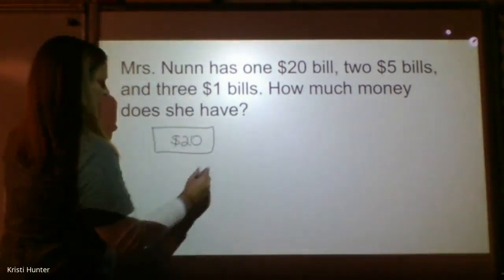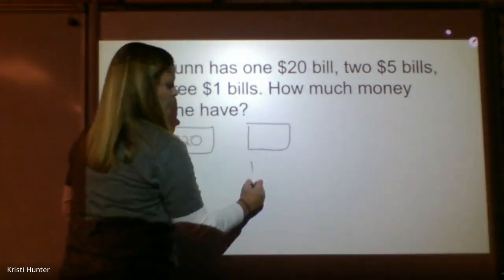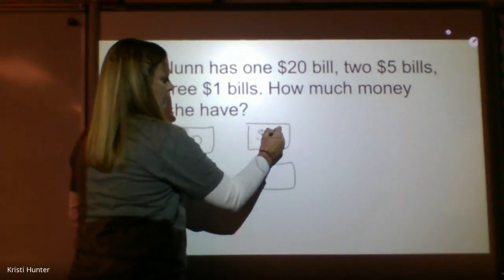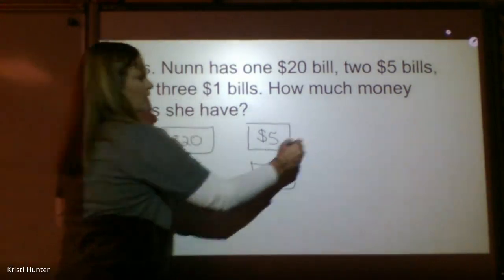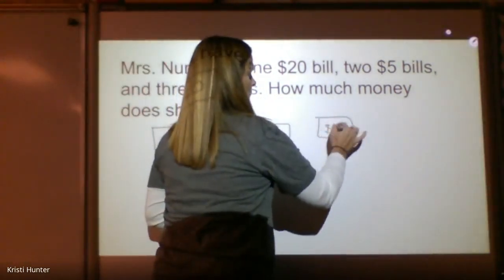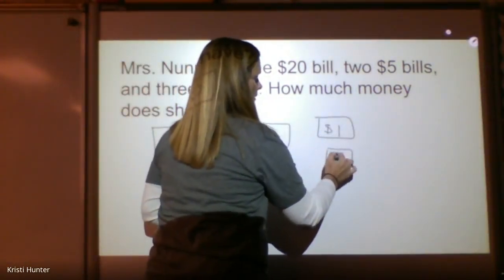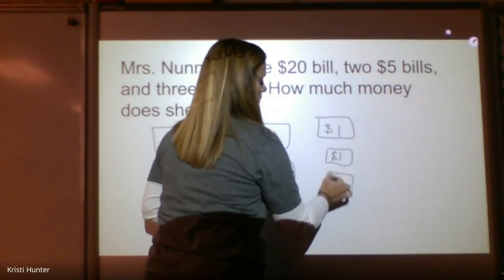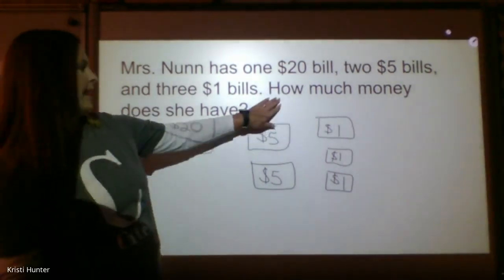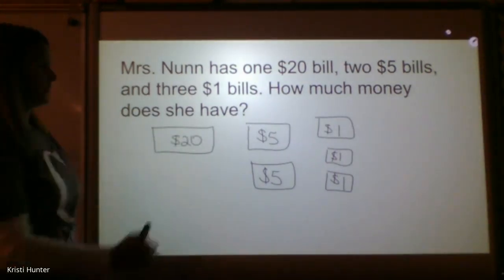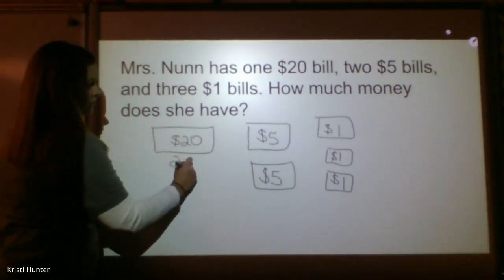2 $5 bills. So let's draw those. There's my rectangle, and I want to put a 5 in them, so I know they're $5. And 3 $1 bills. All right, 1, 2, 3. Now I need to count my money to see how much money Mrs. Nunn has. So again, $20 to start.